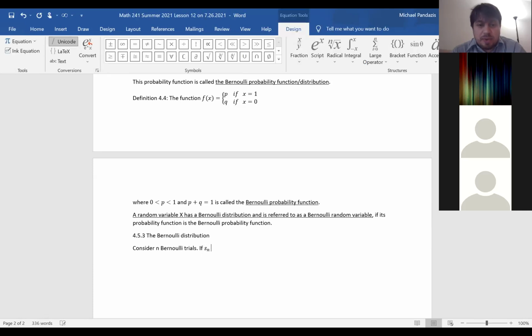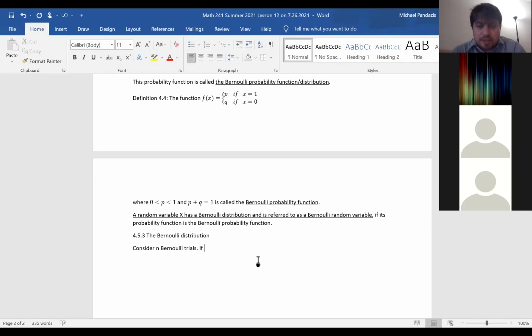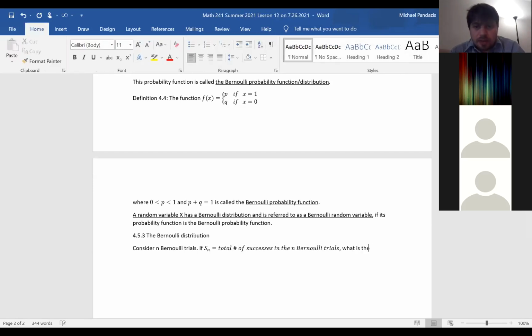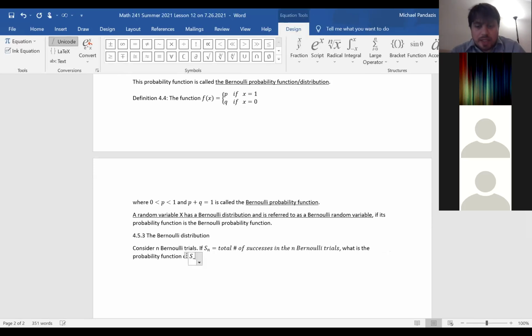So if capital S sub n is equal to the total number of successes in the n Bernoulli trials, what is the probability function of S sub n?